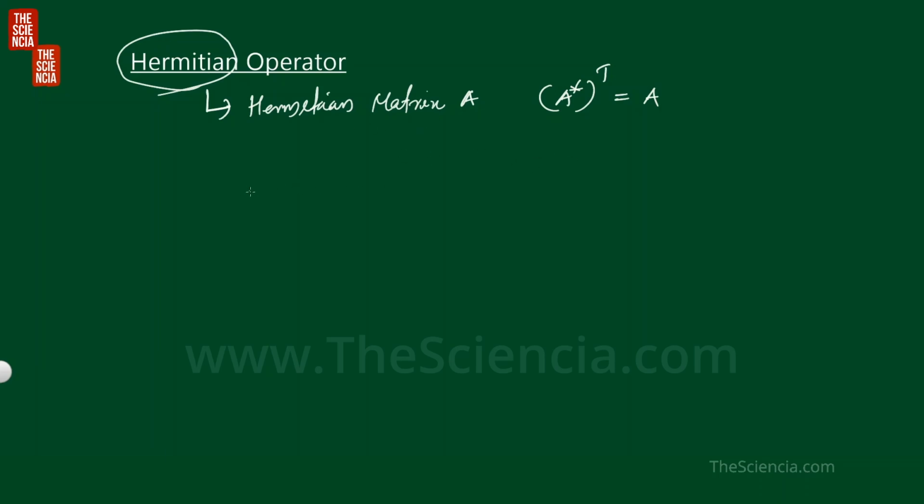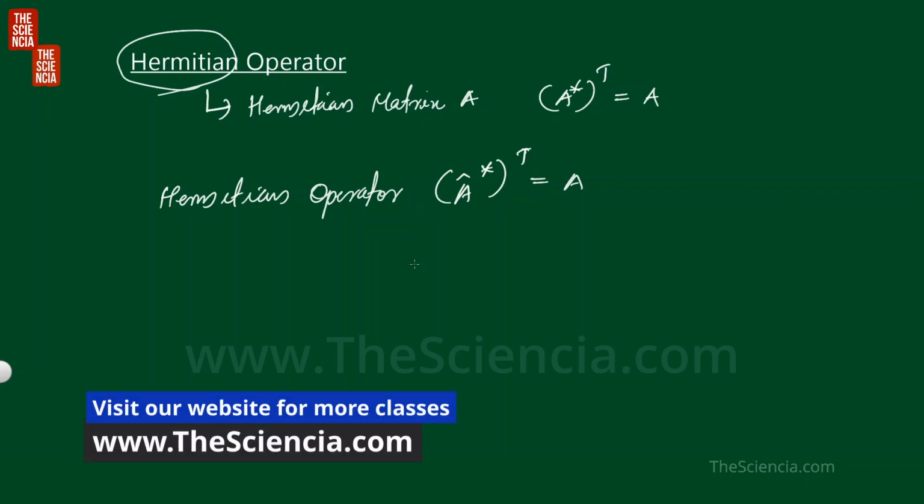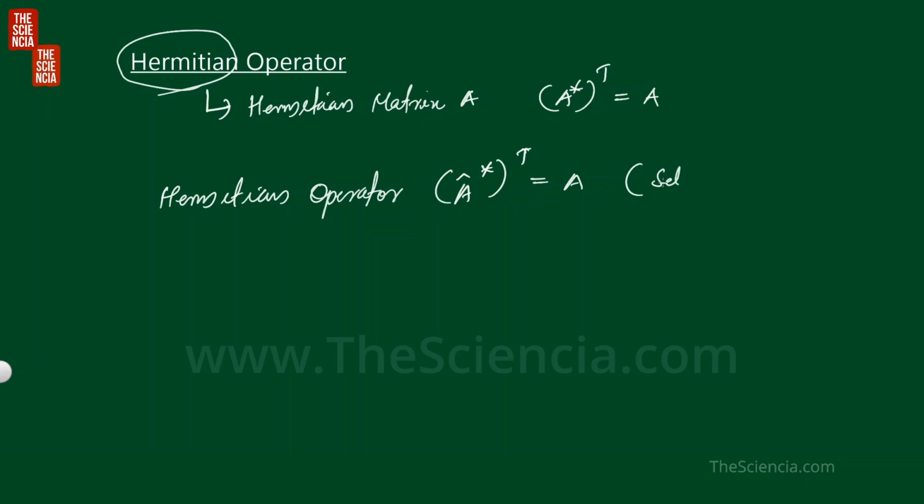Similarly, for a Hermitian operator, its conjugate transpose is equal to the operator itself. That is called a Hermitian operator, or we call it a self-adjoint operator.